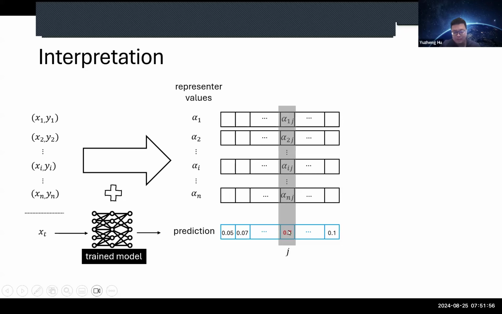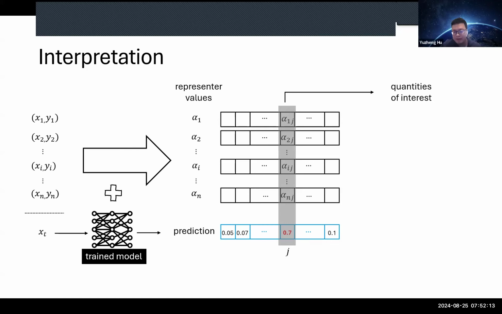But I think the most interesting thing is that we definitely want to understand the class that the model eventually assigns to xt, the J-th class. So this will be the most interesting column. And after obtaining this J-th column of representative values, there are some quantities of interest that are useful for our study. For instance, we can look at the absolute values of this column.